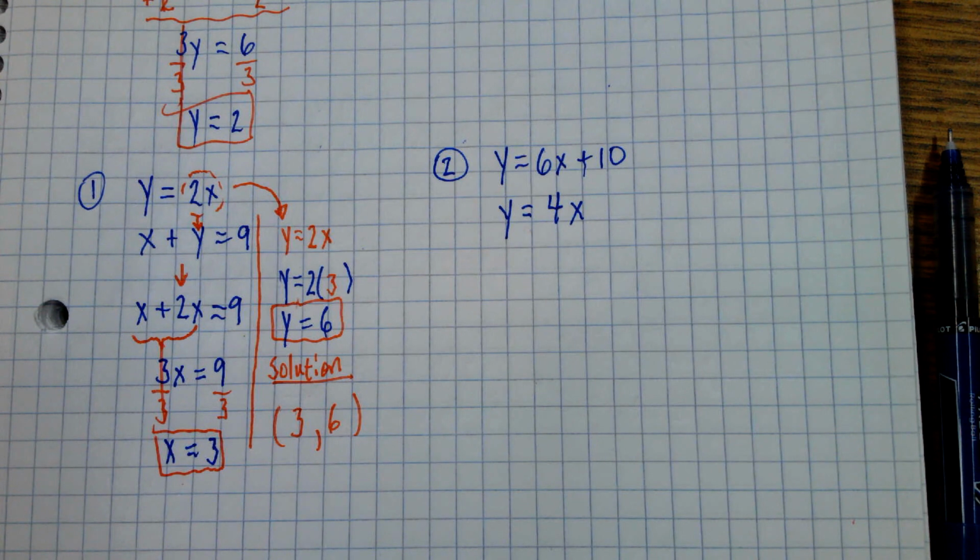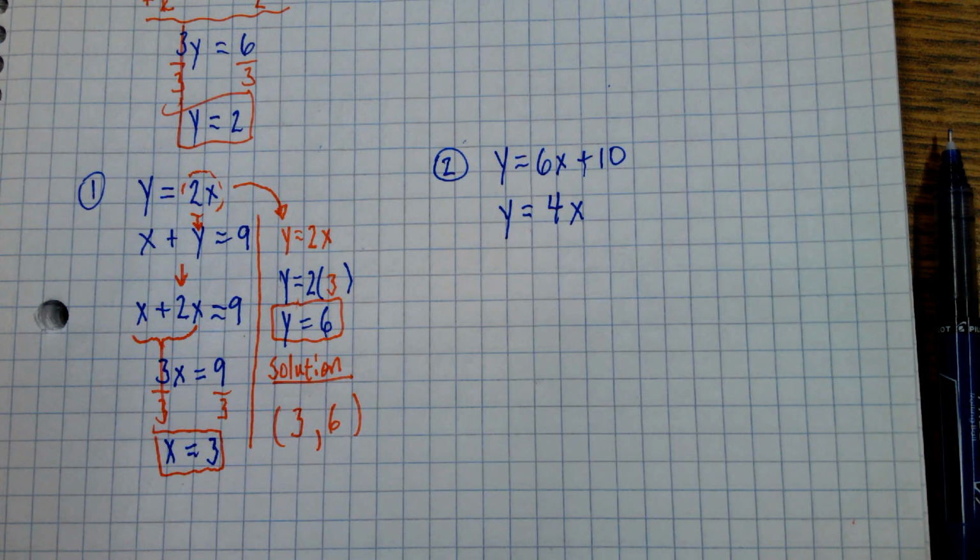Do we plop in 6x plus 10 into the second equation, or do we plop in 4x for y in the first equation? What seems easier? Do you want to deal with 6x plus 10 or just 4x? What do you think? What seems easier? 4x. Yeah, I would do 4x in there.